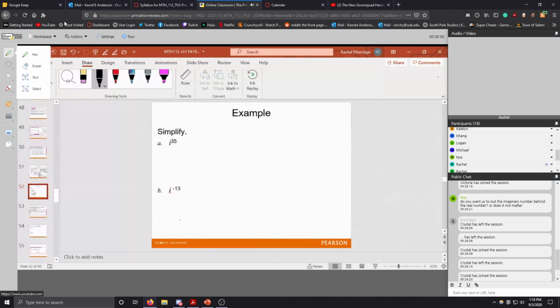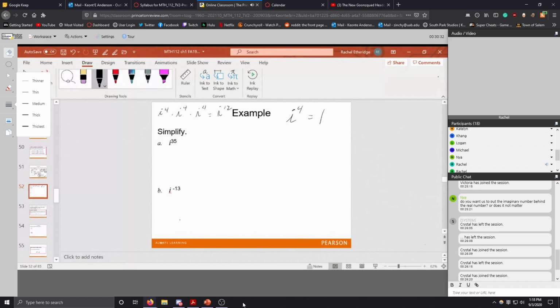Okay, these were the ones where I said what I want to do is, because i to the fourth is equal to 1, anything that's a multiple of 4 power is going to equal 1. And so I'm going to write this. If I write i to the 4th times i to the 4th times i to the 4th, well, that's i to the 12th. 4 plus 4 plus 4.